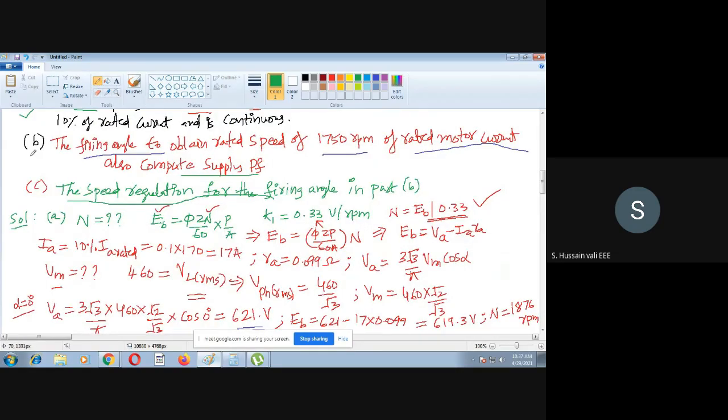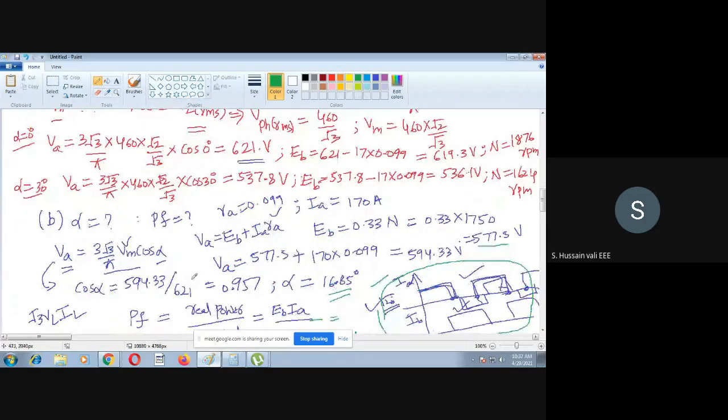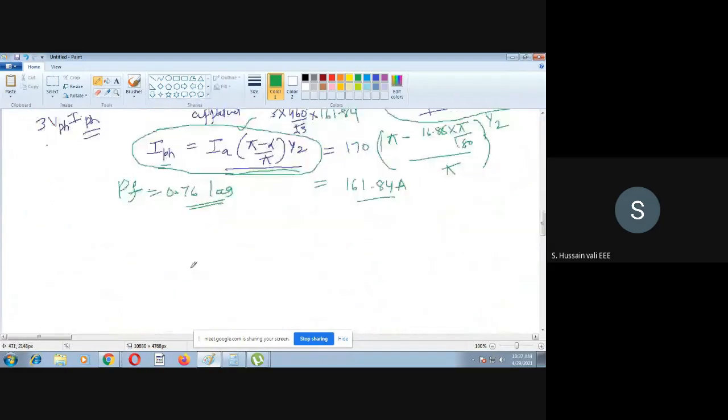So in part B, you have to find the speed regulation. What is meant by speed regulation here? First of all, I will tell you what speed regulation is.